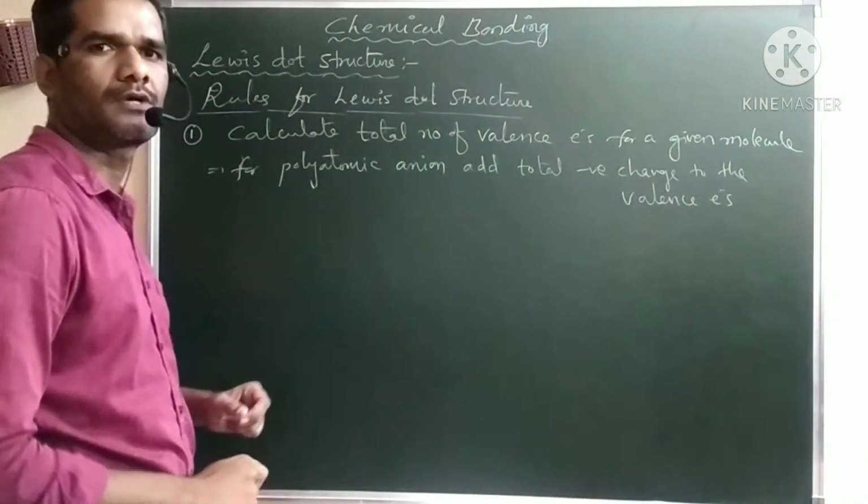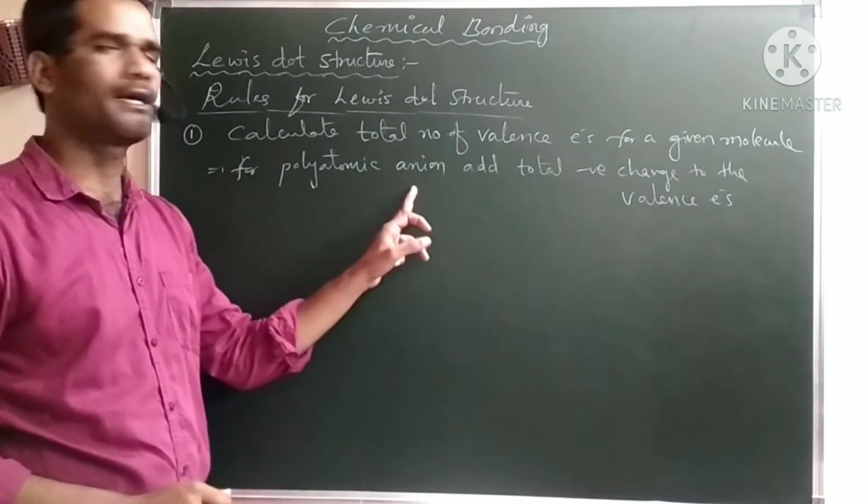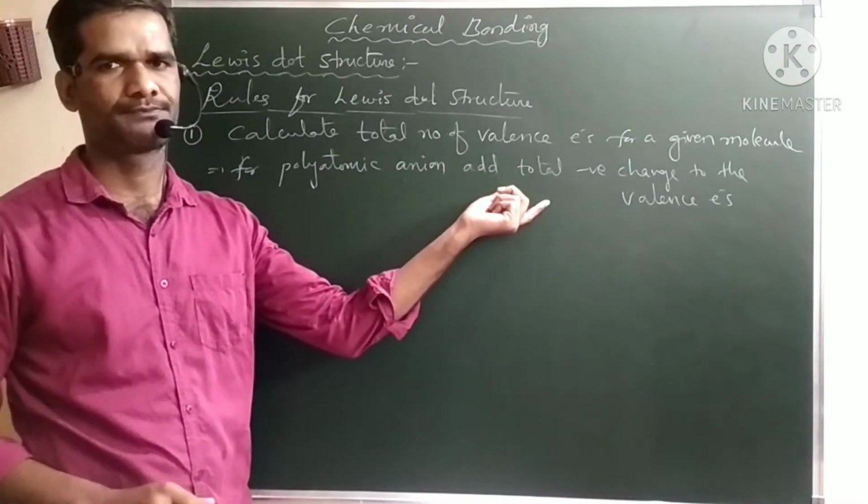So to get the overall valence electrons for a polyatomic anion, we have to add the negative charge also.